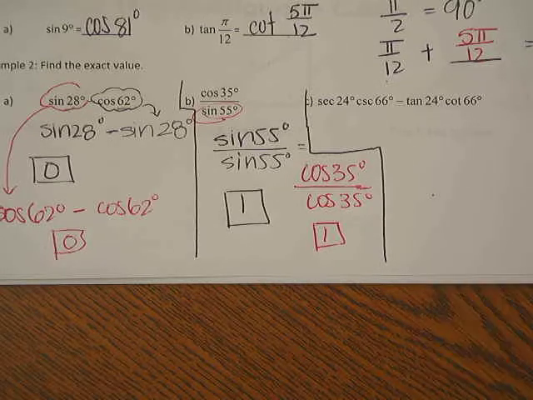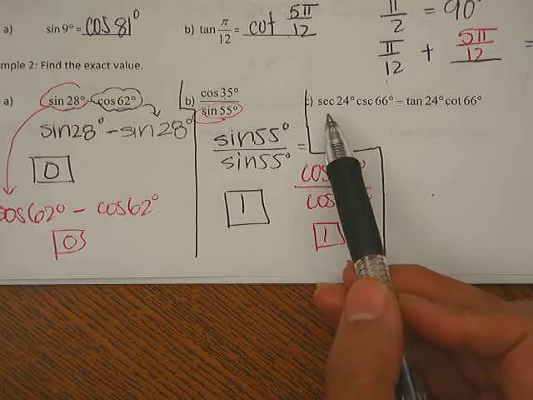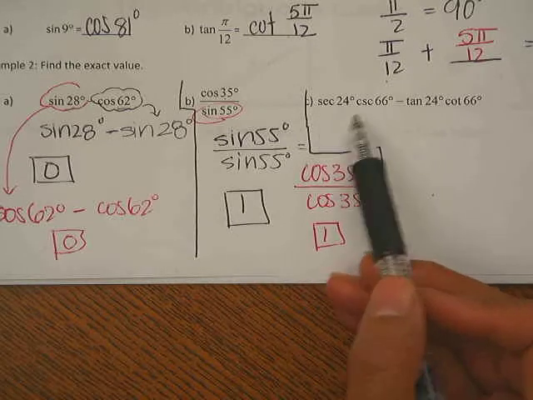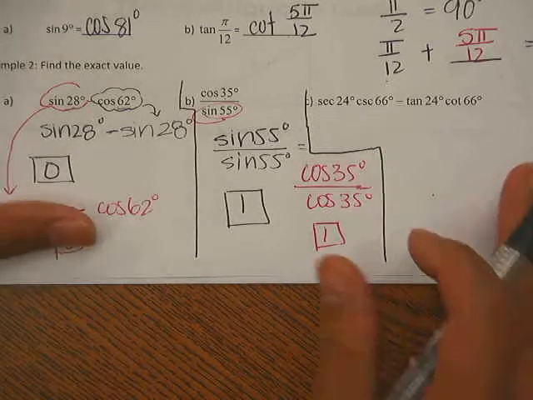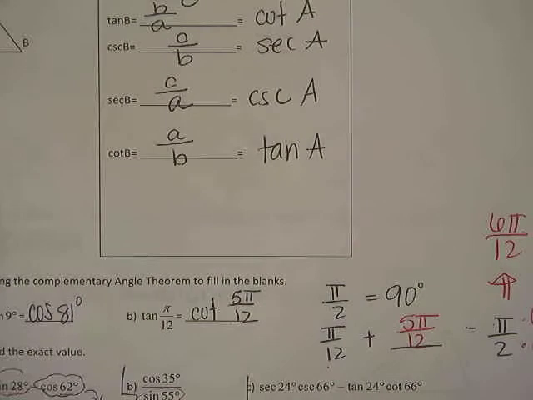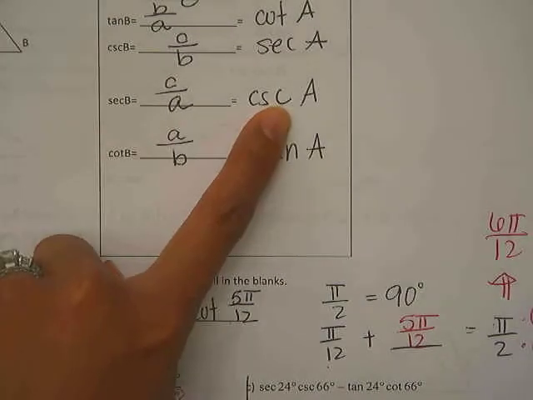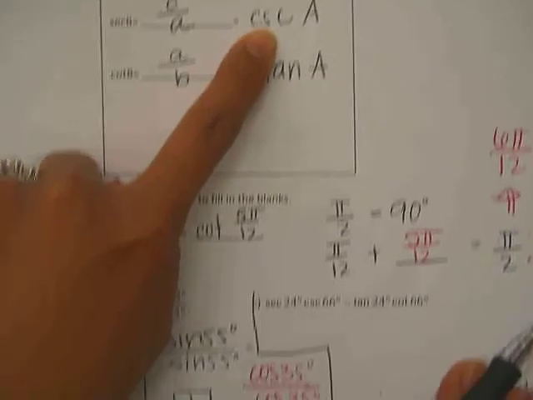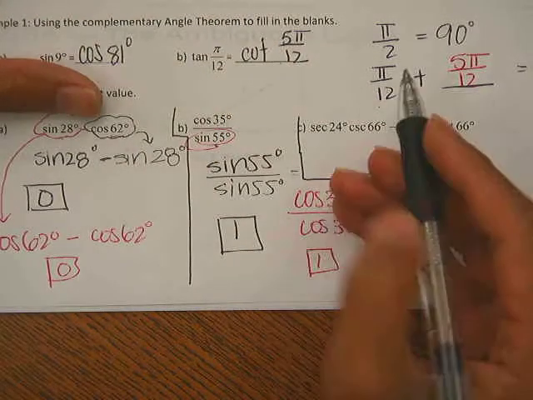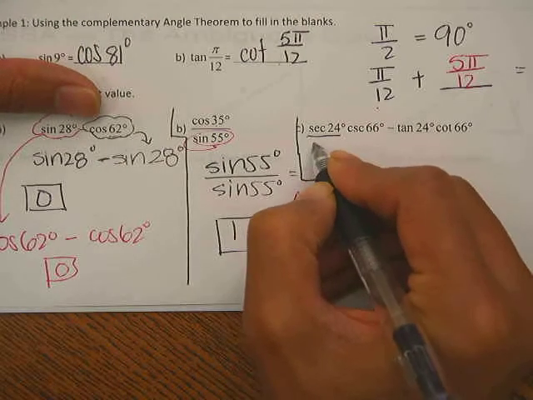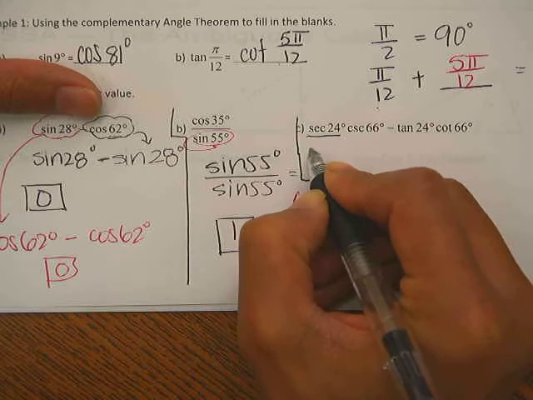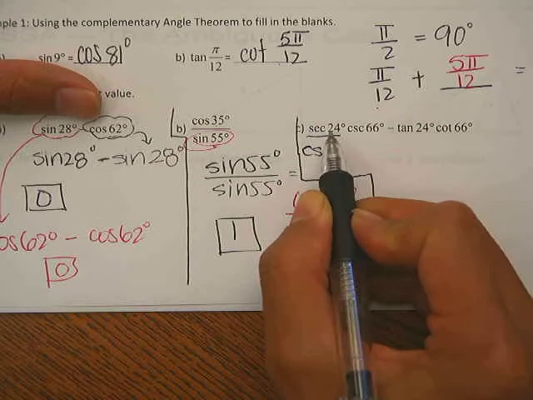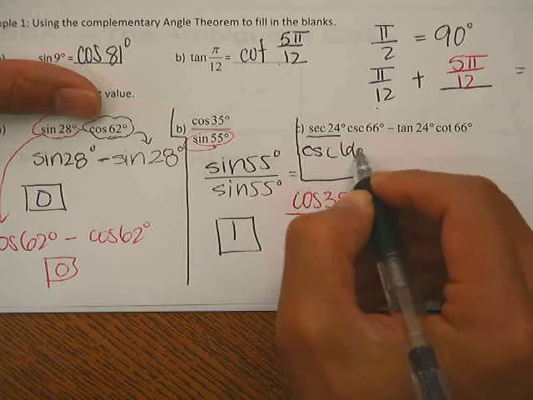Okay. So right now I can either make secant into cosecant. Let's just do that. So let's look at our relationship: secant of angle B is the same as cosecant of angle A. So according to my theorem, secant of 24 equals cosecant of 90 subtract 24, which is 66 degrees.